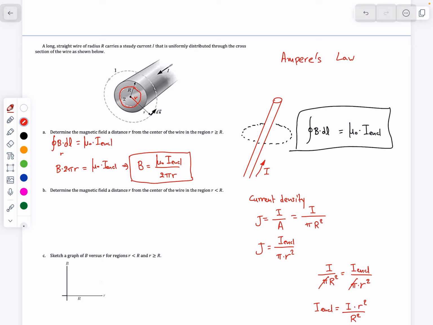Now that we have an expression for the enclosed current, it's quite easy to apply Ampere's law. The magnetic field multiplied by the length of the loop is equal to mu 0 multiplied by the current enclosed.